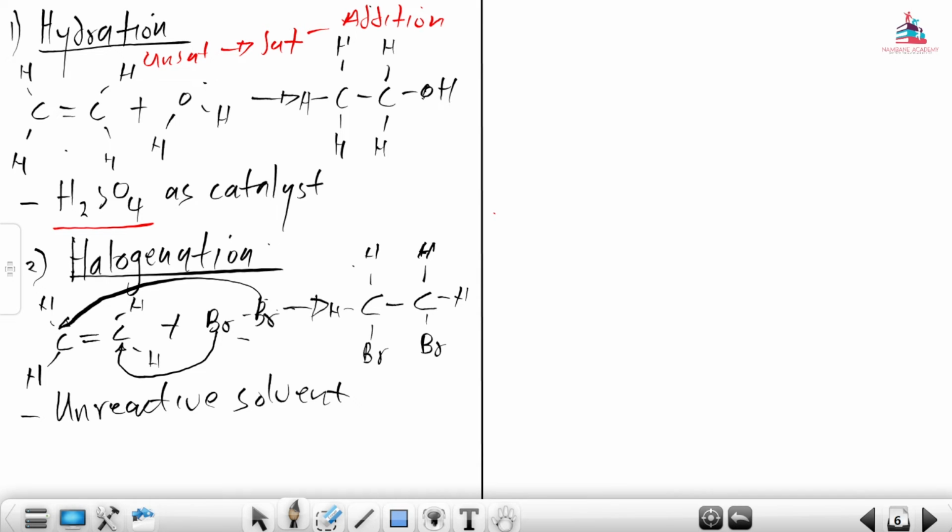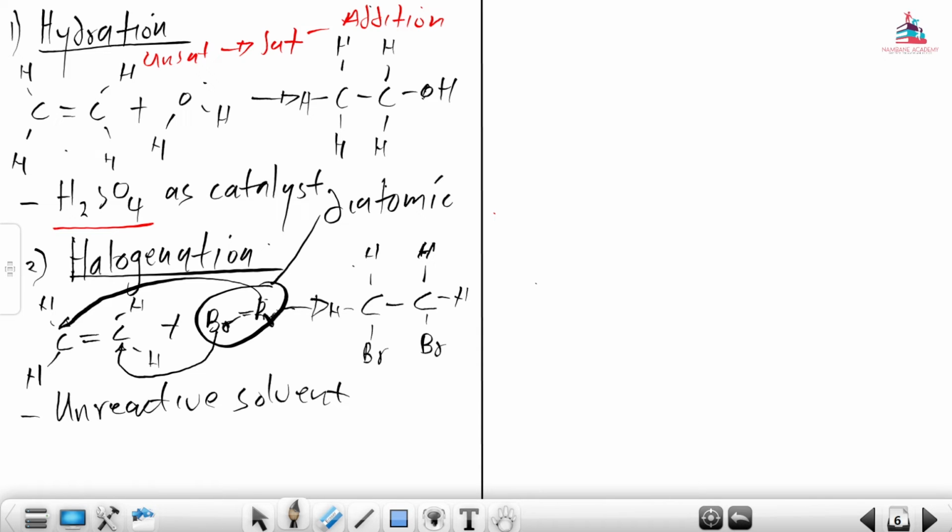Why? Because you are adding a diatomic element, Br2. So once we add a diatomic element, it means we are going to have two atoms introduced and now forming part of the organic molecule.